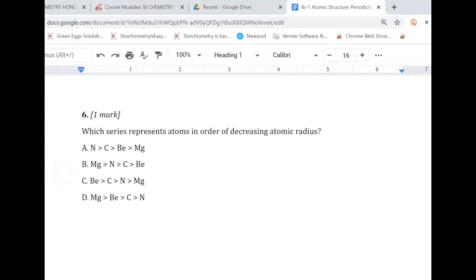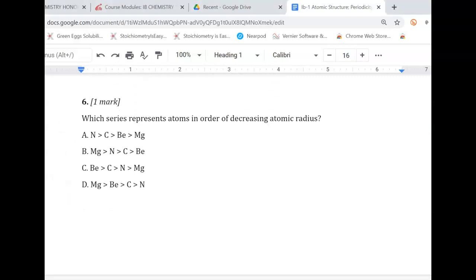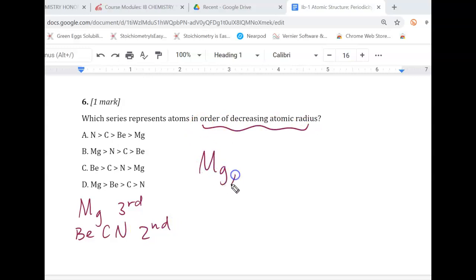Then on number 6, which series represents atoms in order of decreasing atomic radius? First I have magnesium, which is on the 3rd energy level, and then I have beryllium, carbon, and nitrogen all on the 2nd energy level. Decreasing order means start from the biggest, so magnesium is going to be the largest.